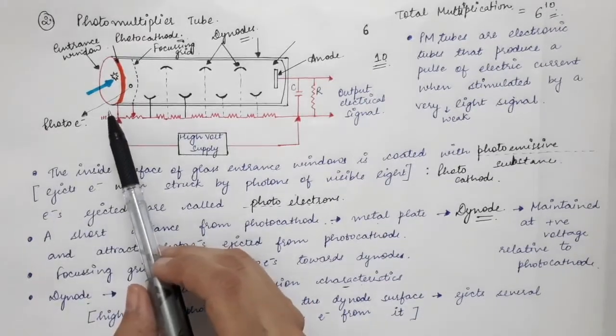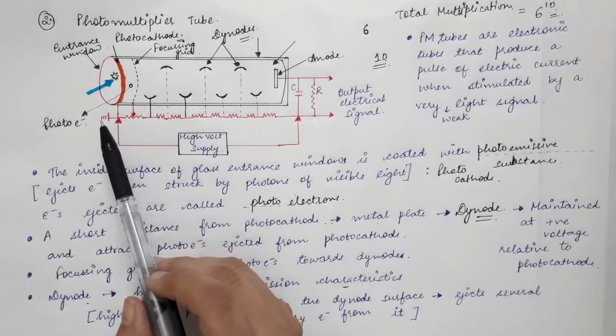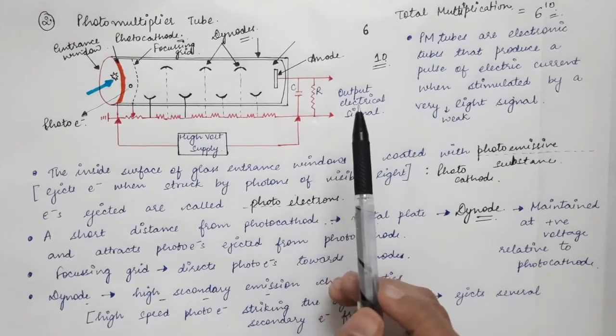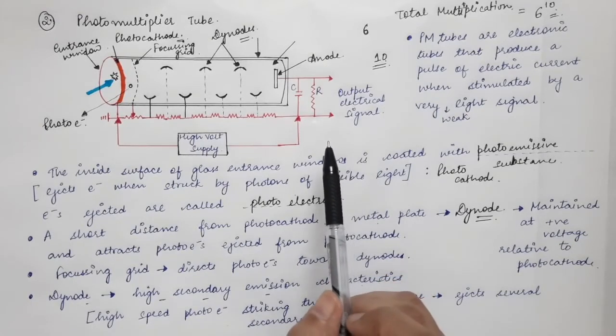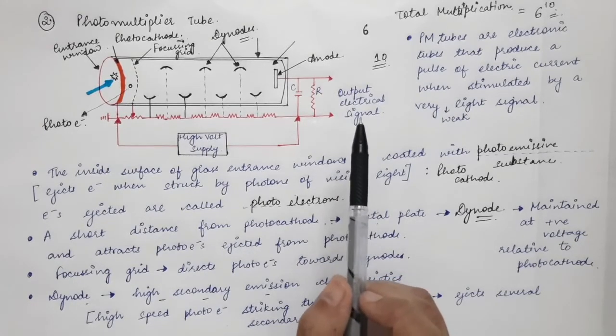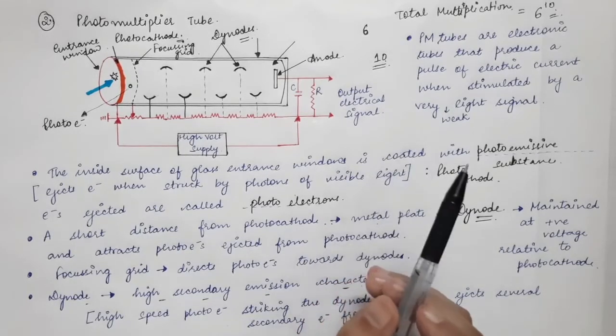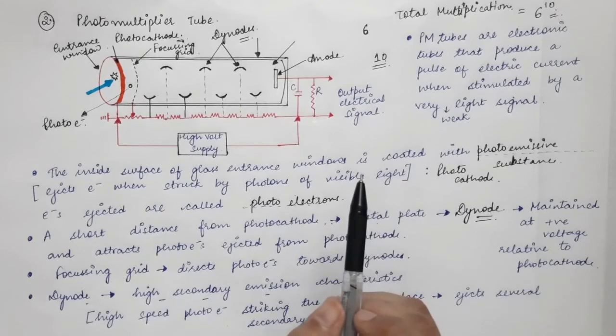Now, in the case of scintillation counter, how does the height of the pulse depend upon the energy deposited by the incoming particle? In the case of GM counter, we have seen that the height of the pulse is independent of the energy deposited.